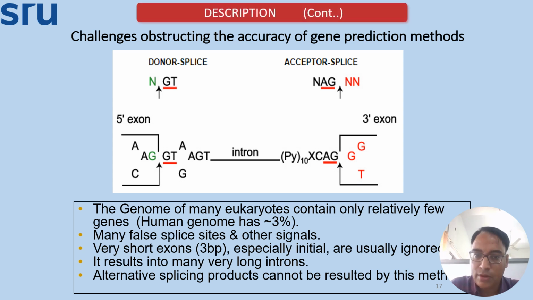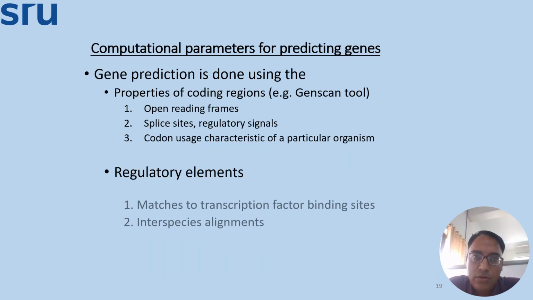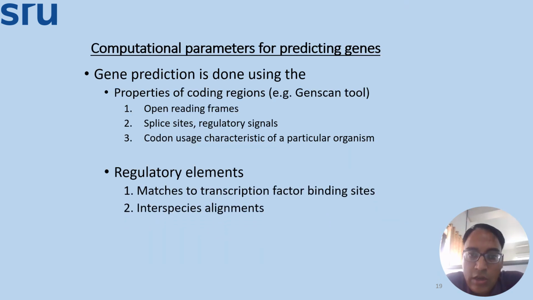This GTAG part is not only conserved in humans, it's present in C. elegans also. It's very specific information. So the computational parameters used to predict genes on DNA include the intron boundaries GTAG; remember this part.